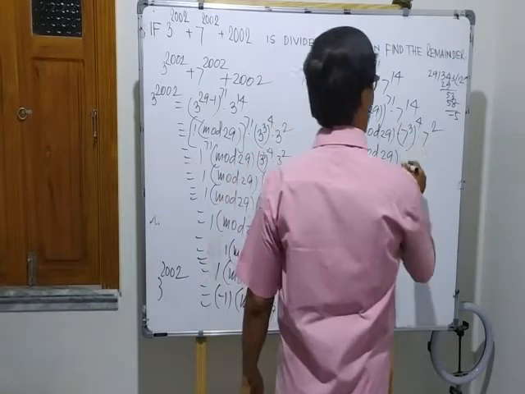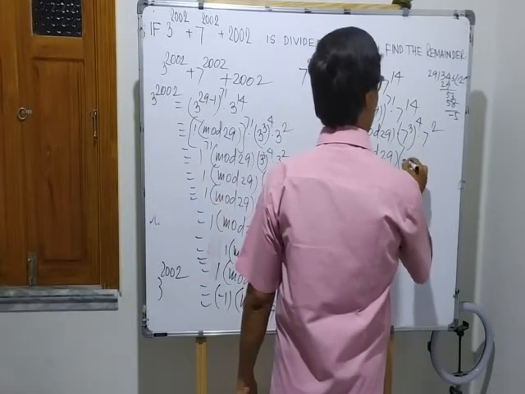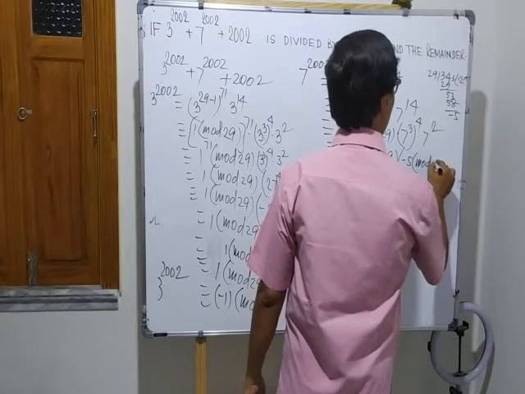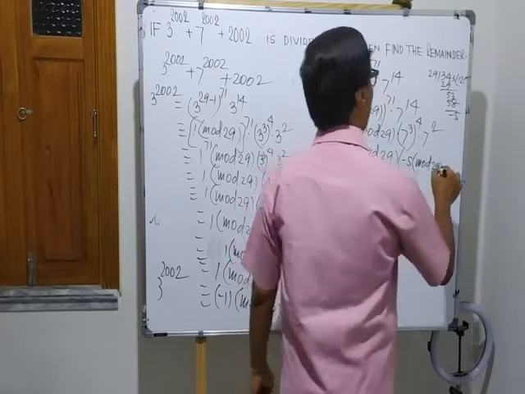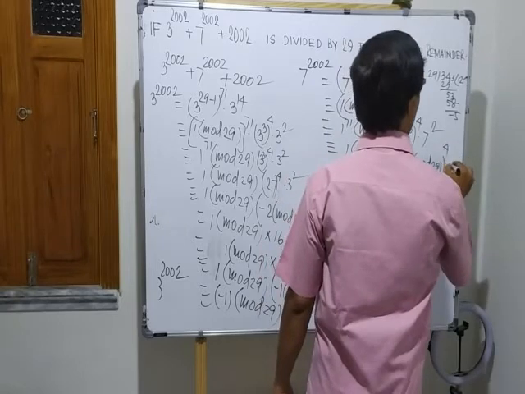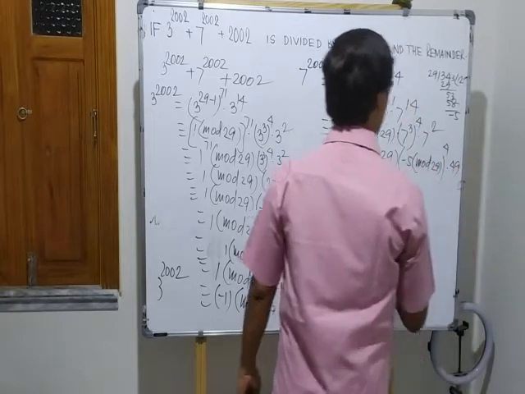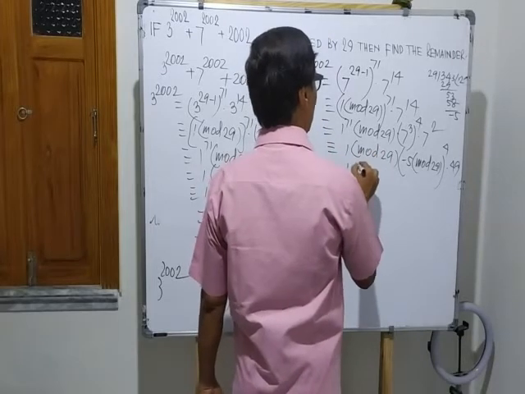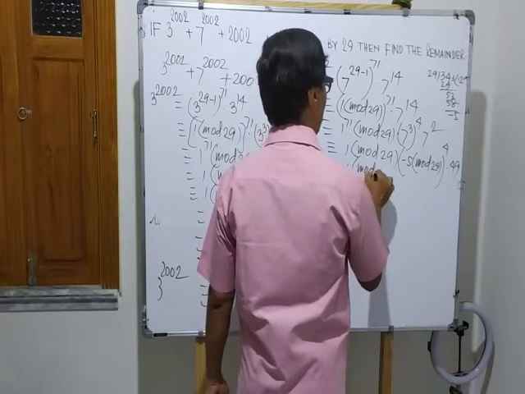So 7 to the power 3 is equivalent to minus 5 modulo 29, and then to the power 4 into 49. This is equal to 1 modulo 29.